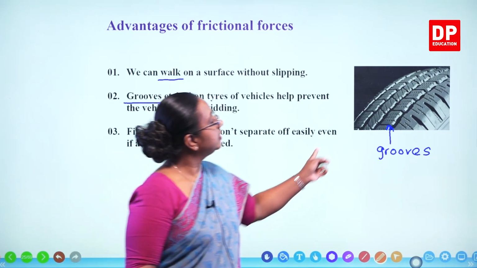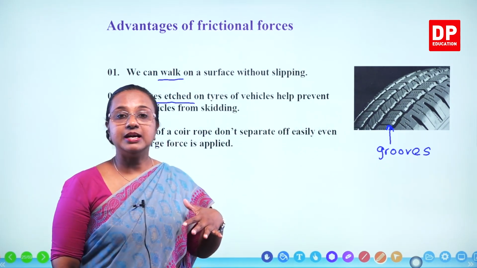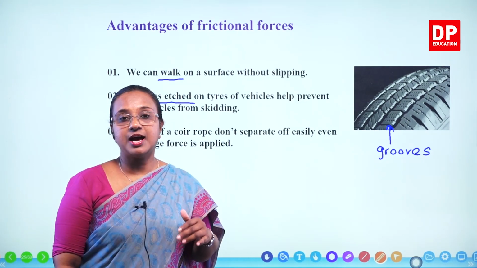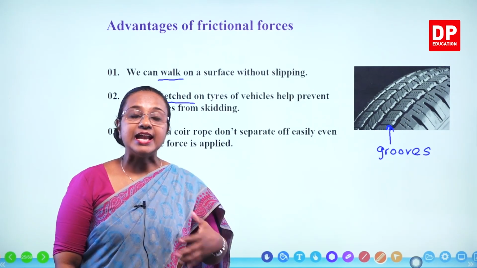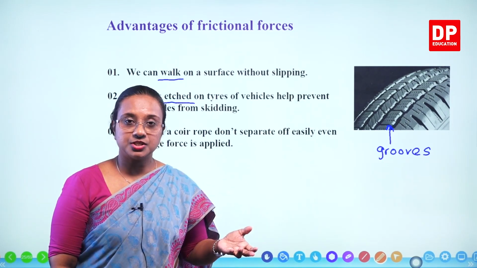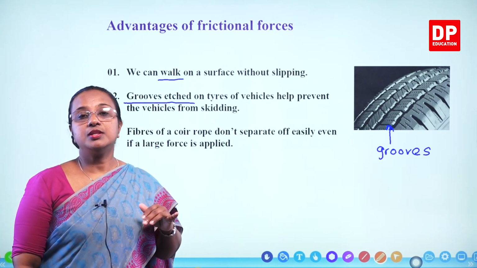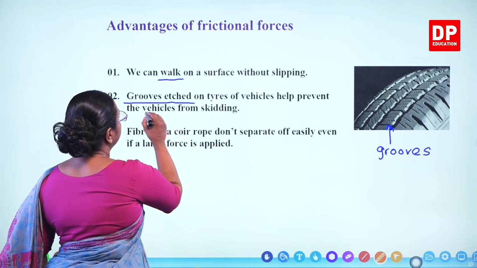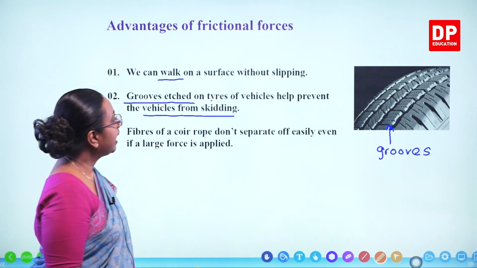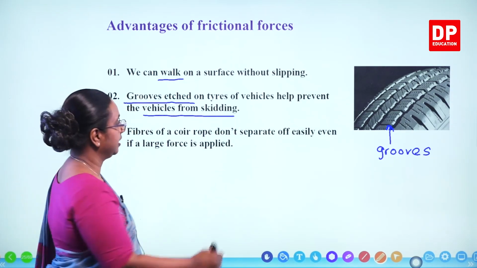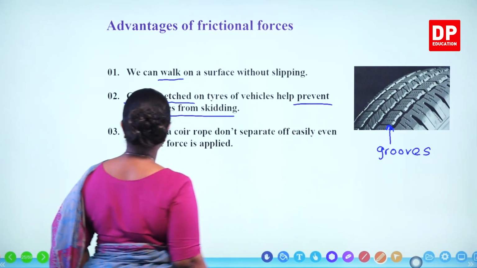And these grooves also make the surface of the tire rough, so that increases friction. Therefore, the vehicle can move on the road without skidding. They help prevent skidding.